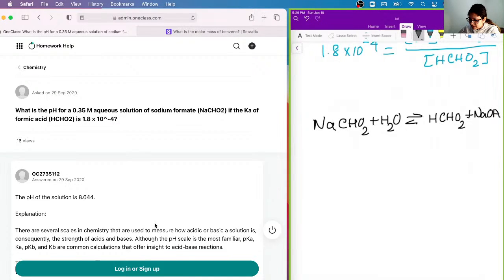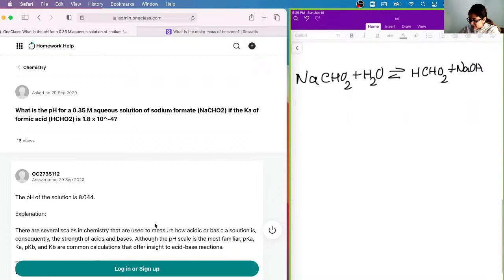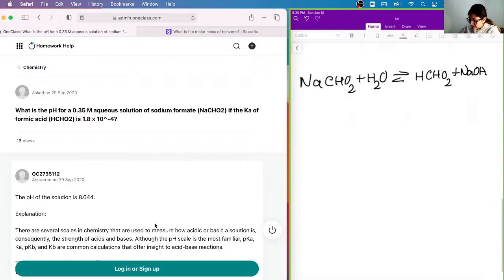From the equation, the value of Kb can be expressed. Since water is a liquid, it would not be included in our Kb.